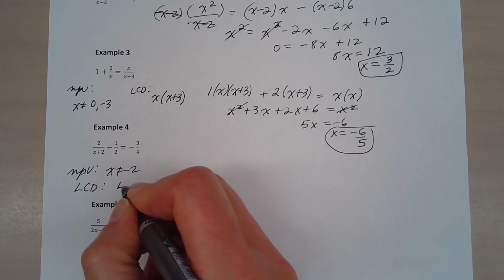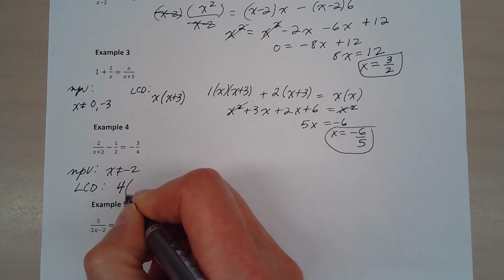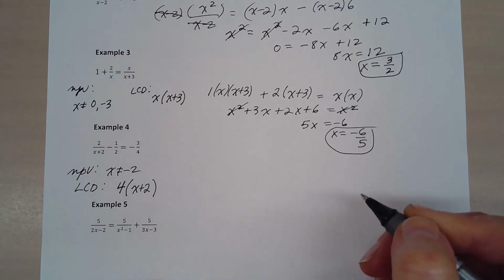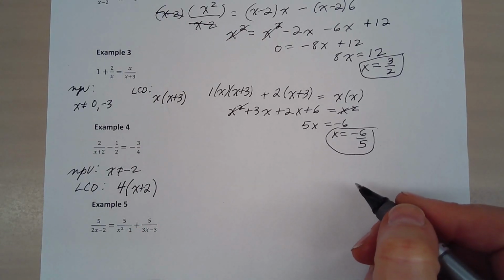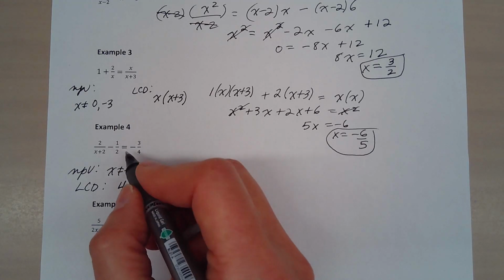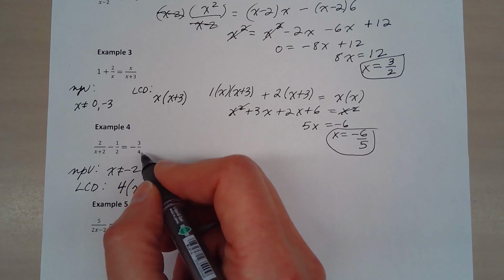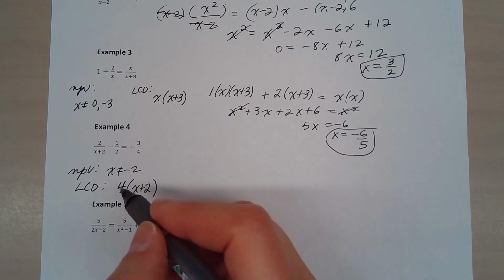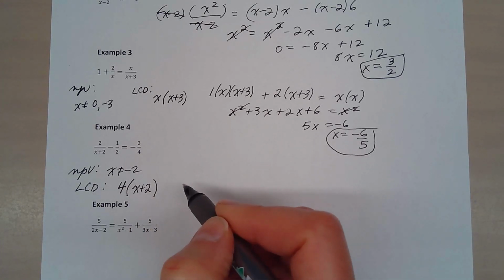The lowest common denominator that they would all cancel out with would be 4 times x plus 2. You'd need more than the 2 because if you just use 2, the 4 wouldn't cancel out on the bottom, right? You need it at least as big as your largest terms, right? So my LCD would be 4 times x plus 2.